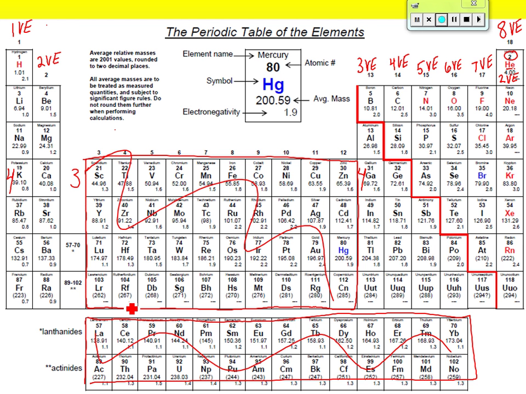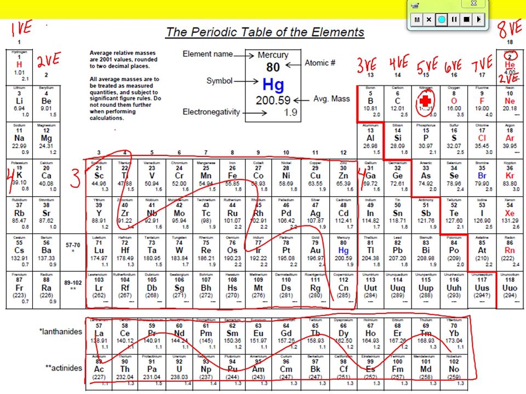Okay? So let me see if we've got this. If you're watching the video, I'm just going to ask you some questions to make sure that we understand how to find valence electrons. If I asked you how many valence electrons nitrogen would have, what would you say?